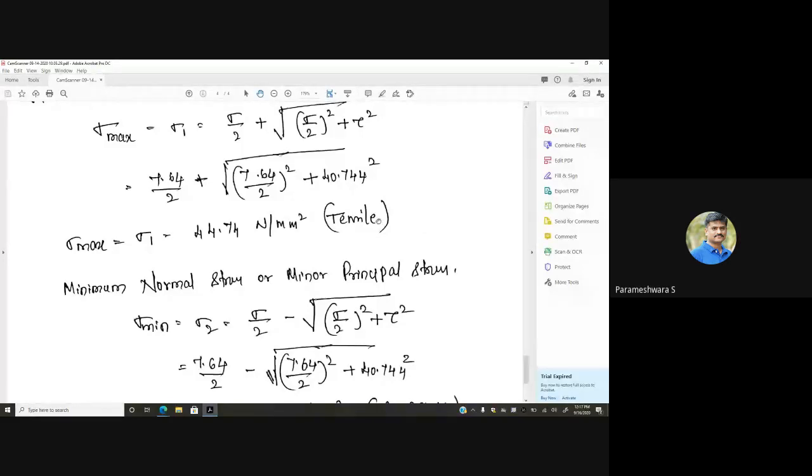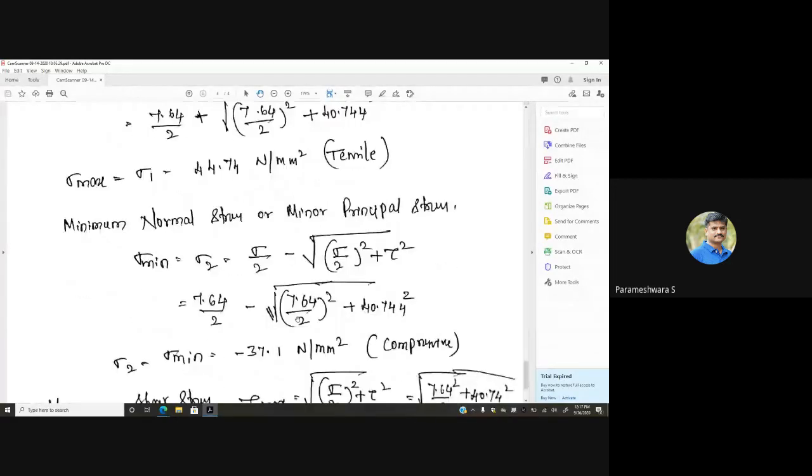Sigma 1 got a value of 44.74 megapascal, that is tensile. If this value were negative, it would indicate compressive. And I'll find the minimum stress. The only difference is that it is positive for maximum and negative for minimum. So I get minus 37.1 megapascal, it is compressive.